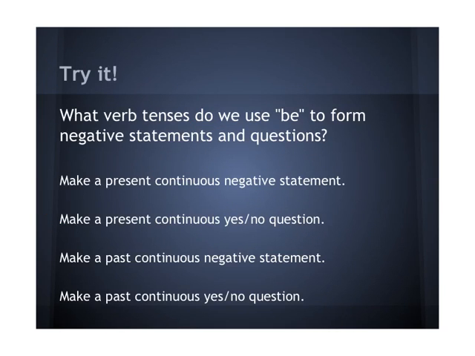Okay, it's your turn now. What verb tenses do we use be to form negative statements and questions? Be, was, were, is, am, are. Okay, you guessed it right if you said that we use it for present and past, what? Yes, continuous verb tense.